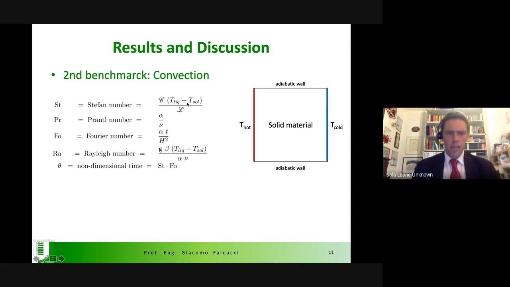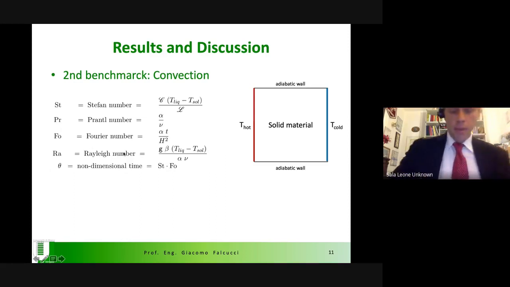So we have the Stefan number as before, but we have also the Prandtl number, with thermal diffusivity and, of course, viscosity. Then we have the Fourier number, which gives you the non-dimensional time together with Stefan. And we have the Rayleigh number.